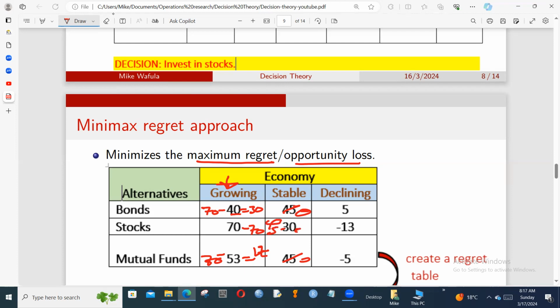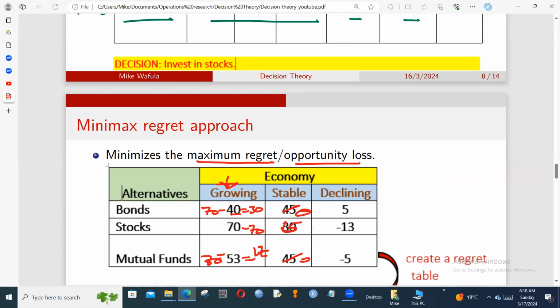So the regret there will actually be 15 because it's fetching 30 when others are fetching, let's say, 45. Then when the economy is declining, we see the one who is fetching the highest is this one of 5 in bonds.